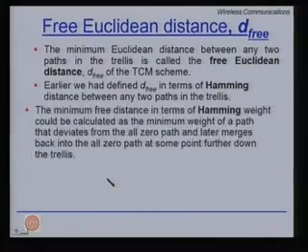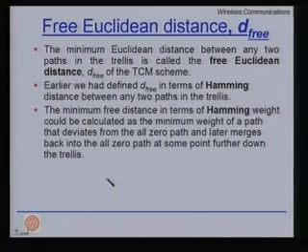Now, just like the free distance, which is actually the free Hamming distance in the case of trellis codes, you have the free Euclidean distance. The definition is the same, but this time instead of Hamming distance, you are talking about Euclidean distance between two paths.